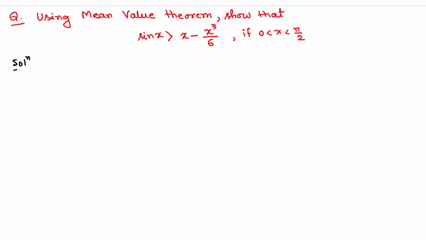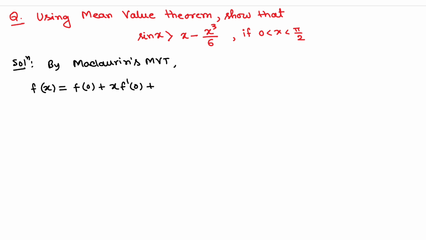Solution. By Maclaurin's MVT, you know f(x) equals, I am just writing the formula, f(0) plus x f dash 0 plus x square by 2 factorial f double dash 0 plus x cube by 3 factorial f triple dash, obviously for n equals 3, so this will be f triple dash theta x.